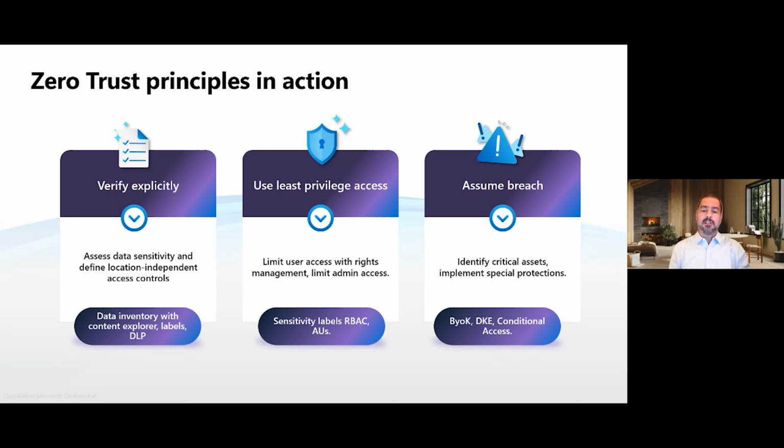And assume breach means that you need to take special protections for critical assets, like your critical research PII, exploration data, VIP customer PII, or whatever you consider is the most impactful pool of data in your organization. And assume breach means make sure that even in the worst possible case, like you have the hackers inside your company accessing data, your servers are compromised, that data is still secure.